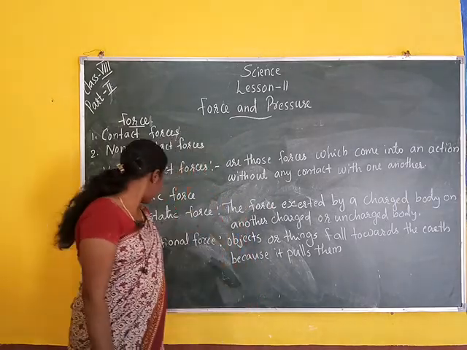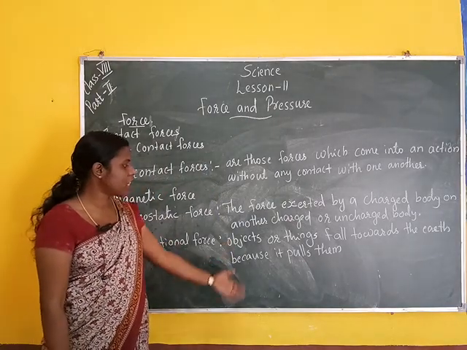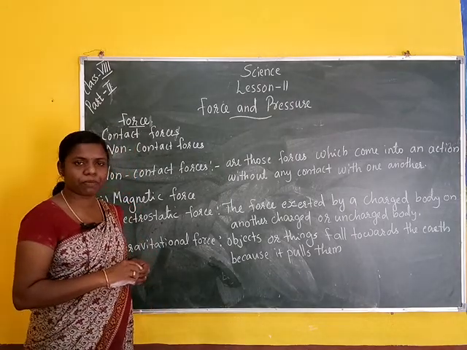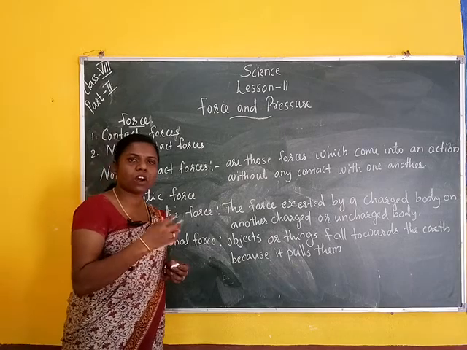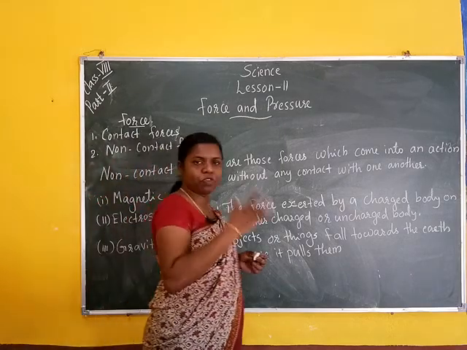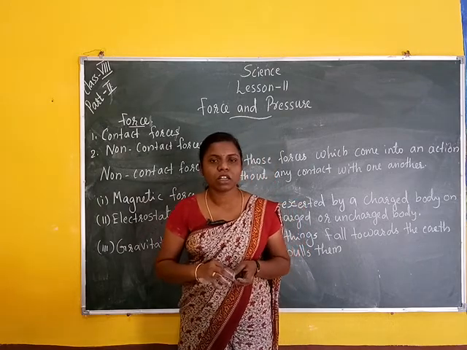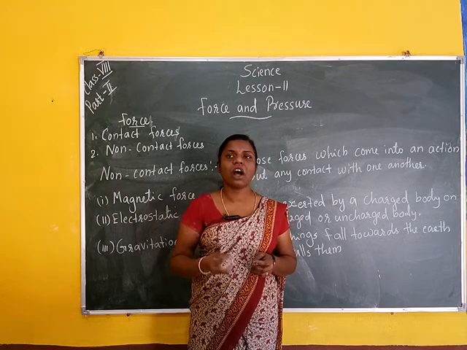Then next is gravitational force. Objects or things fall towards the earth because it pulls them. Example, we throw a stone upward. What happened? The stone returns back to the earth. The earth catches the upward thing.